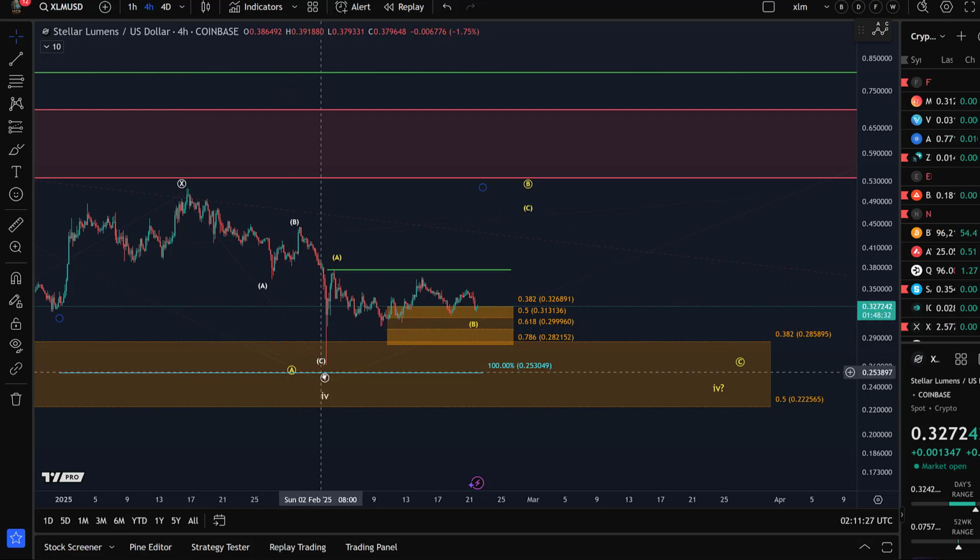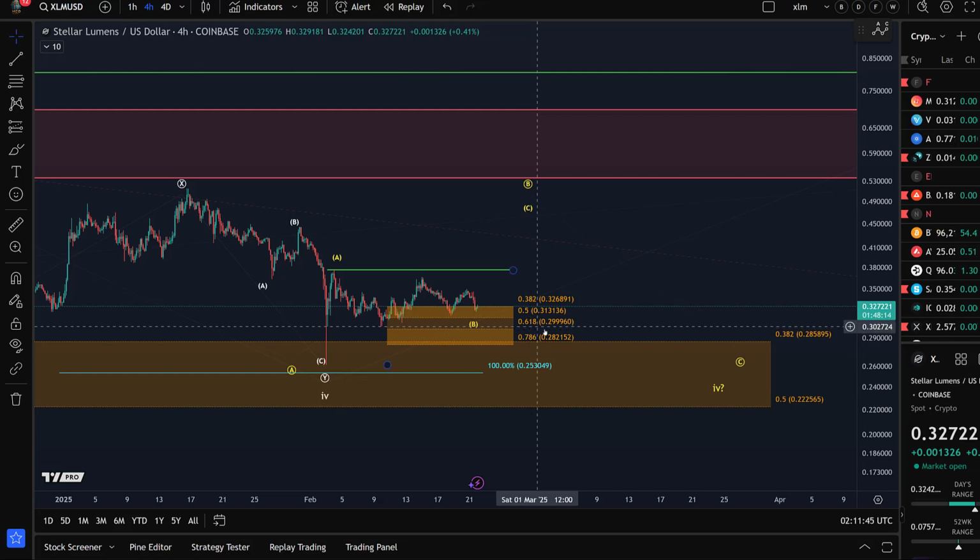The price reacted here to the 38.2 retracement at 28.5 cents, absolutely. And we've seen a bounce, and this bounce was somewhat substantial. Nothing too significant, because since then we've only been moving sideways.